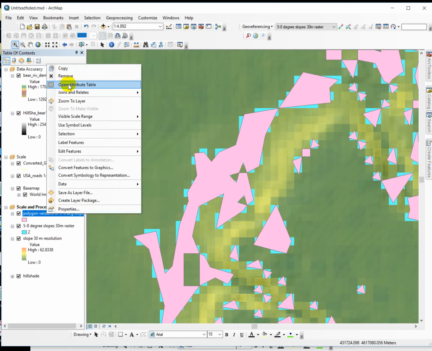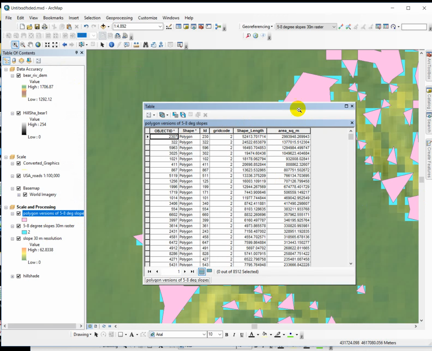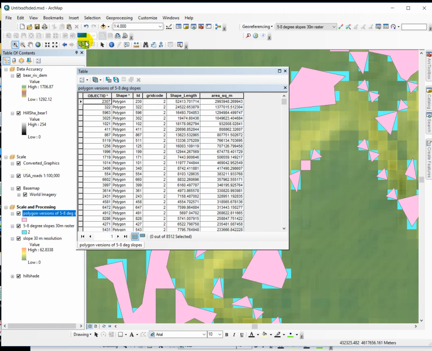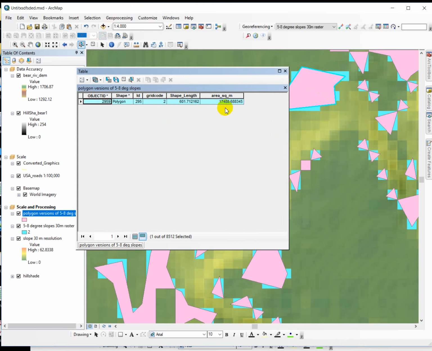But let's go ahead and do it in the attribute table, calculate the area of each one of these pink polygons. And I've done that here in square meters, and look at the precision that ARC gives you. It's saying that, for example, this polygon is about 17,488 square meters, 0.688345.